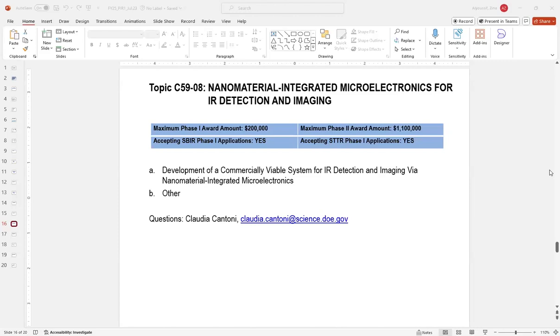The next question is, please comment on what DOE sees as some of the ultimate application for this technology. This is regarding topic 8A, but does not refer to which subtopic. And we only have the one subtopic for this, so maybe I can take a crack at it. So SWIR detection has a lot of application right now in the semiconductor industry.